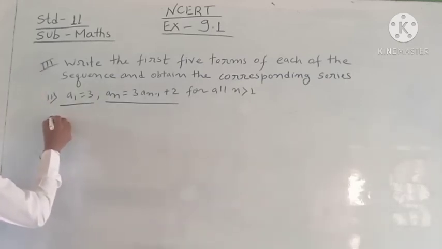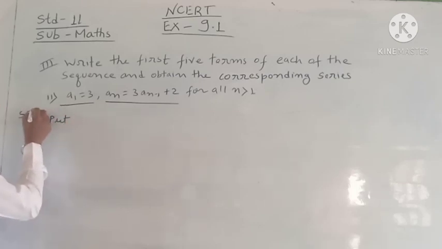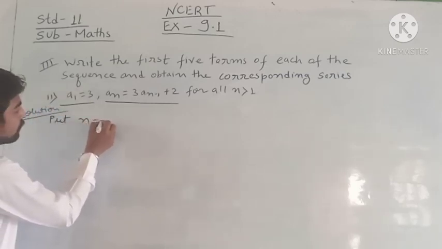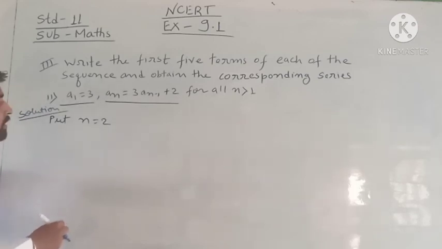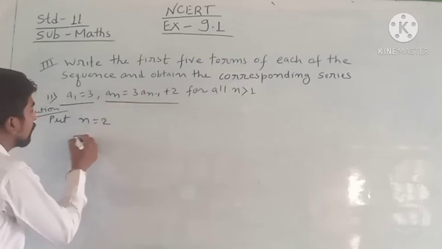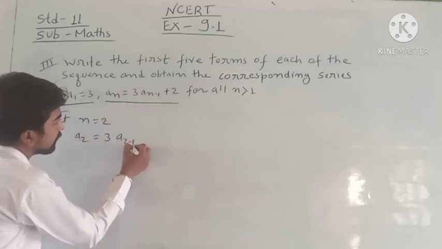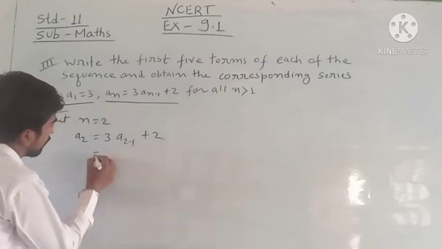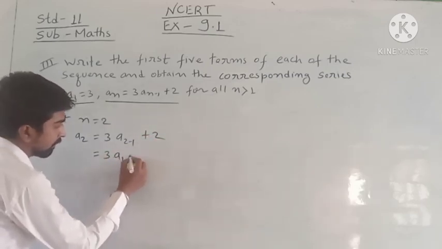So to find second term, we will put n equals to 2 in the general term of the given sequence. Students, we will put n equals to 2 here. So this will be a2 equals to 3 a2 minus 1 plus 2. Students, a2 minus 1 will be equals to a1 plus 2.